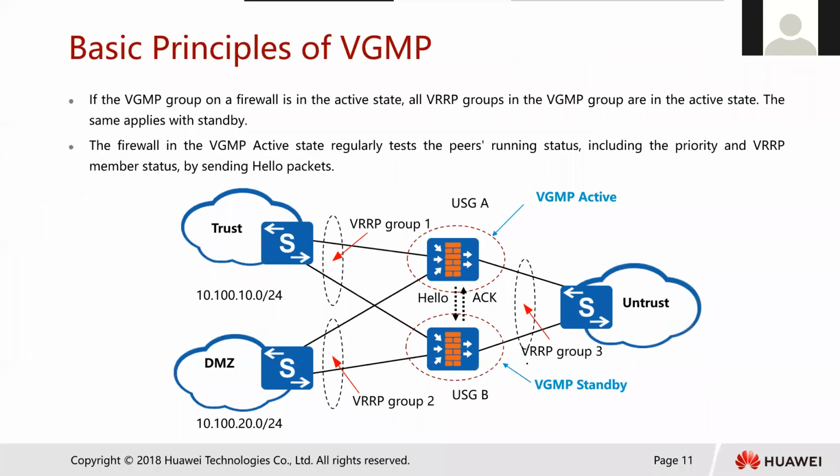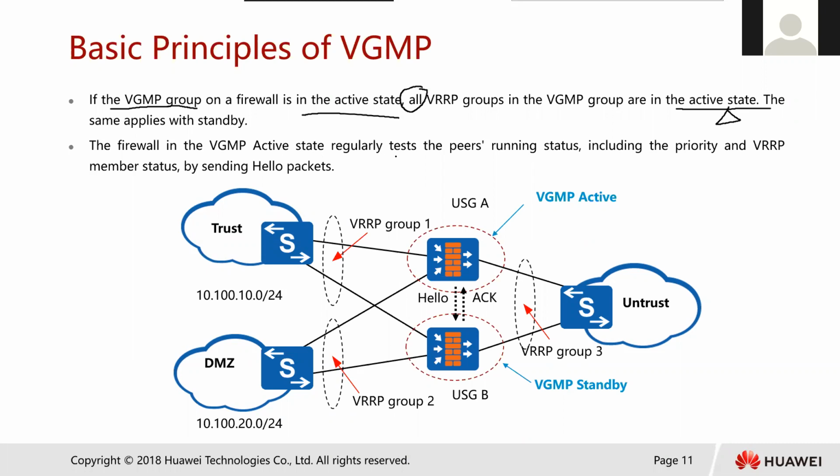So the basic principles of VGMP. If the VGMP group on the firewall is in active state, the VRP groups are in the active state. The same applies with standby.